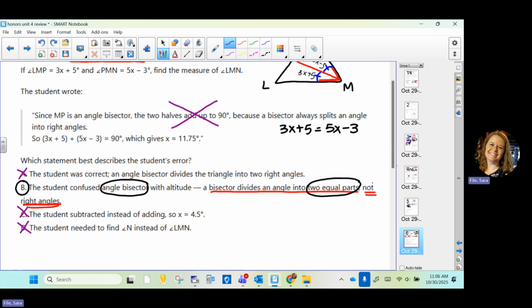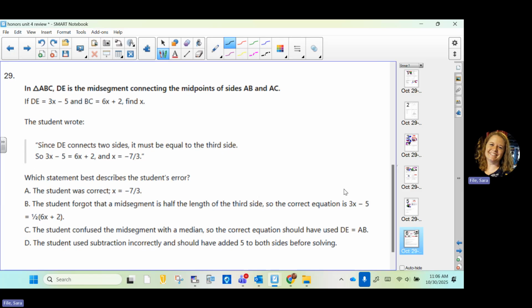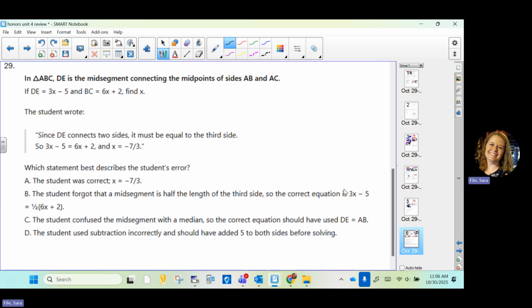All right, 29, the one right under that. Again, no pictures given, so I'm going to draw a picture to make sure we understand what they're telling us. They say in triangle ABC, they tell us that DE is a mid-segment connecting the midpoints of AB and AC.